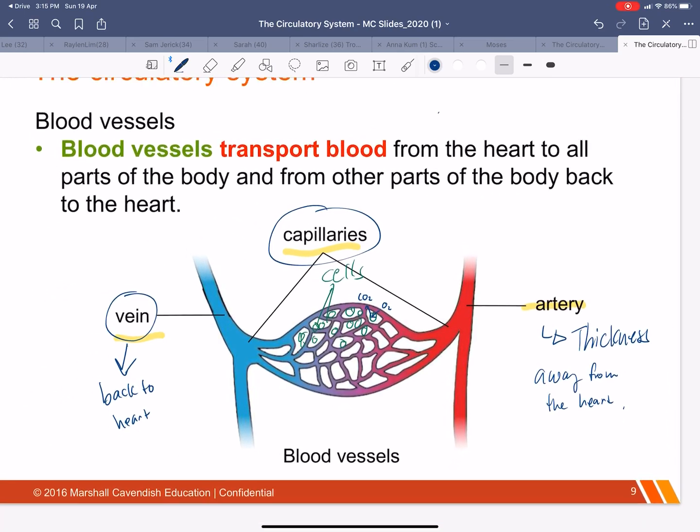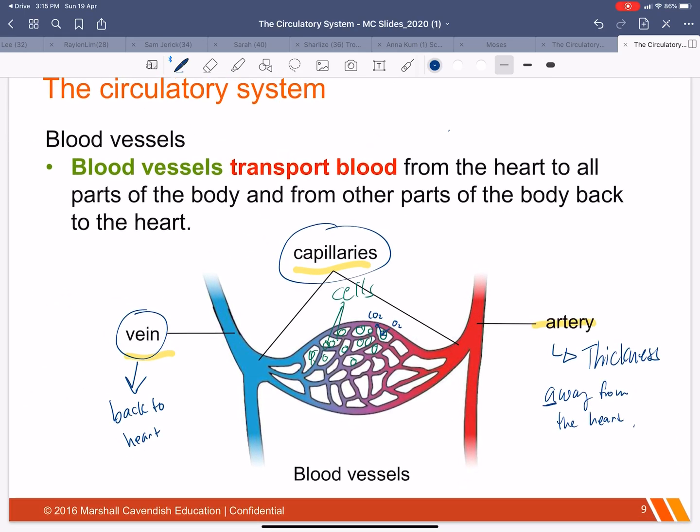One way you can think of it is A is for away, so A for arteries, and then vein is in, so you can say into the heart. That's one way that I like to remember the direction of blood flow. So an artery always delivers blood away from the heart, whereas a vein always delivers blood back into the heart.